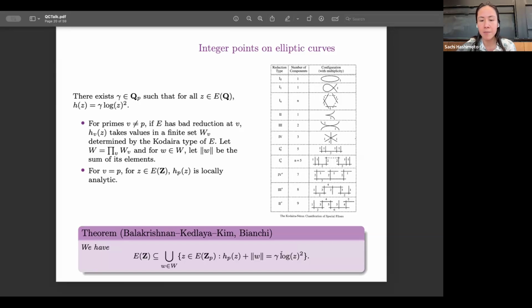On the right-hand side, we have this locally analytic function log. On the left-hand side, we have this locally analytic function H_p. And this W is just some numbers. And so what we're doing is, in each residue disk, writing down these p-adic power series and solving this equation.